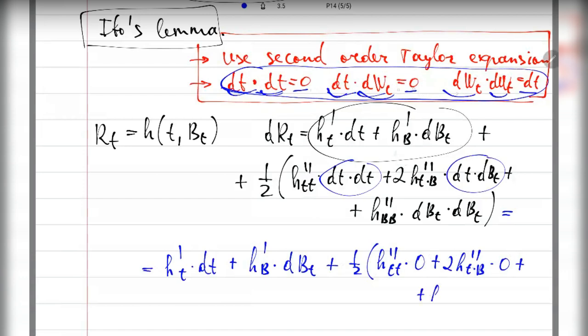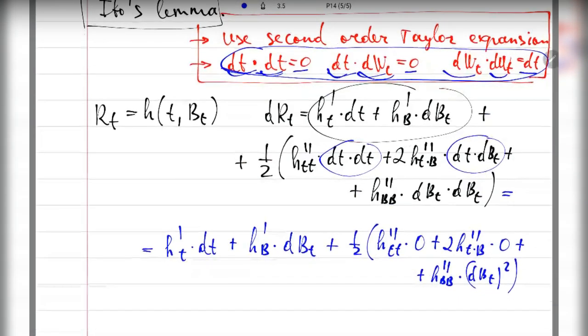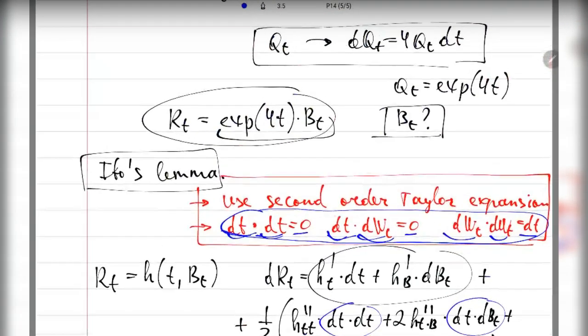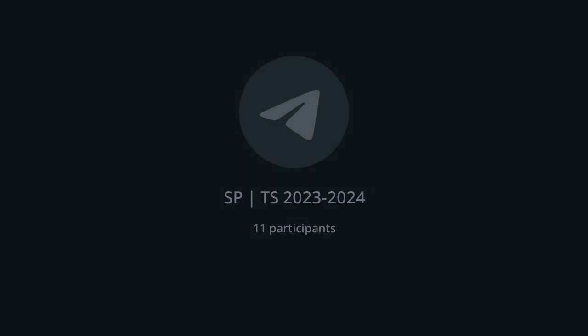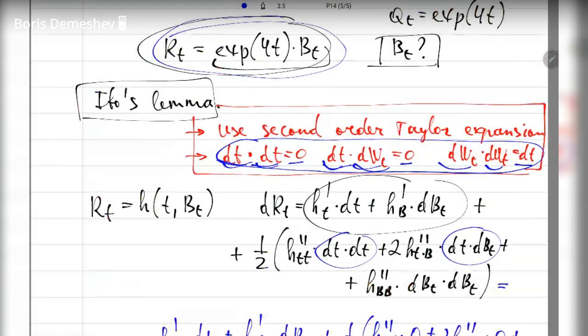Plus h double prime with respect to b times dBt squared. But I know the expression for Rt, so I just use it.